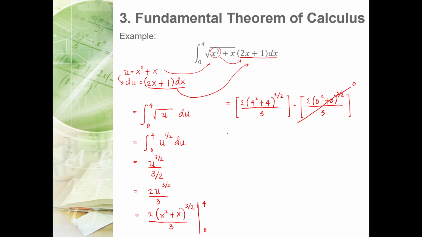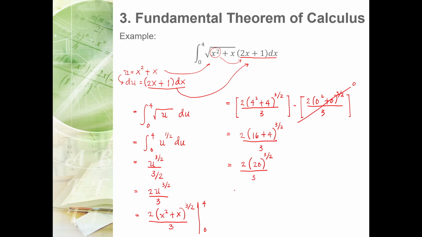So we now have to deal with the first term now. So we now have 2 times 16 plus 4 raised to the power of 3/2 all over 3. So that will be 2 times 20 raised to 3/2 all over 3.